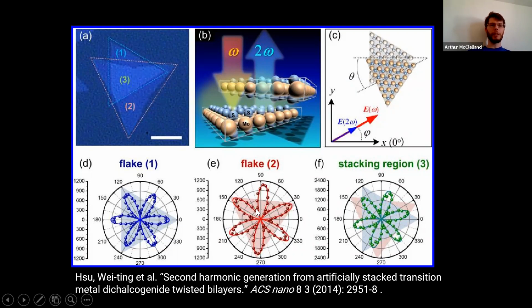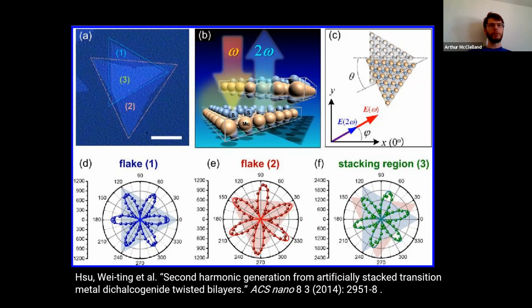MoS2 tends to grow in these nice triangles, so it tends to be less imperative to do this second harmonic for MoS2 specifically. But other TMDs don't have these nice crystal facets, crystal faces when they form.